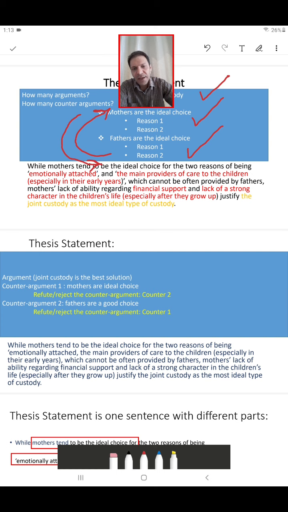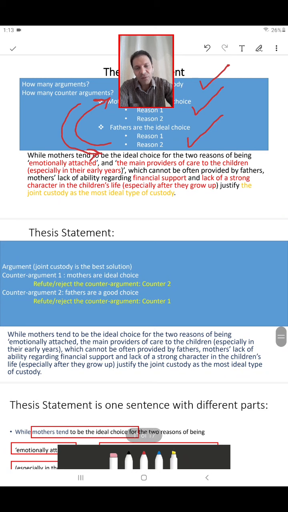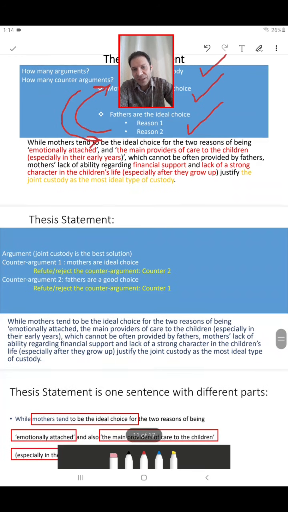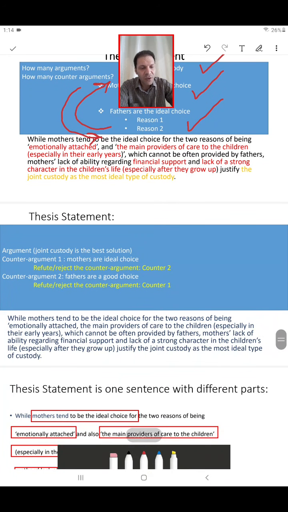I'm going to write. And then, which cannot be provided by fathers, mother's lack of ability regarding financial support, meaning that in the next paragraph, I will be talking about mother's financial issues mostly, and lack of a strong character in children's life. I'm going to talk about that.